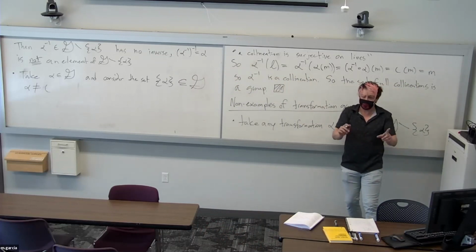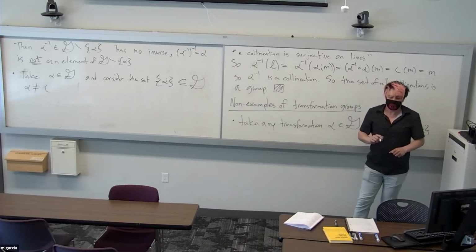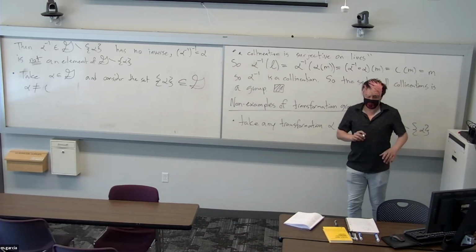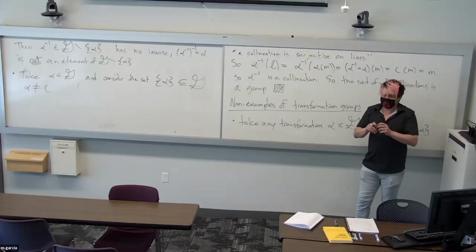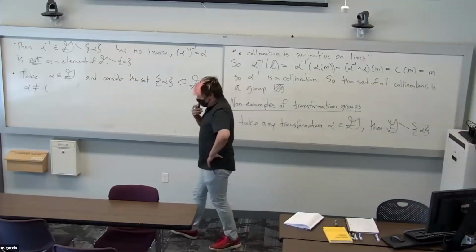Somebody else tell me one more. Okay, what do you think? You can make it just a closure by taking away an element and its inverse, and then showing that you can construct that with a composition of two other ones.